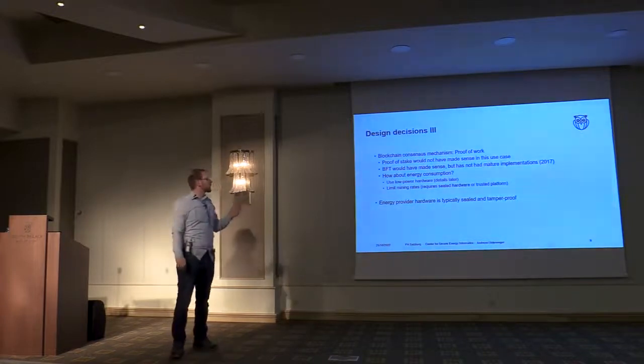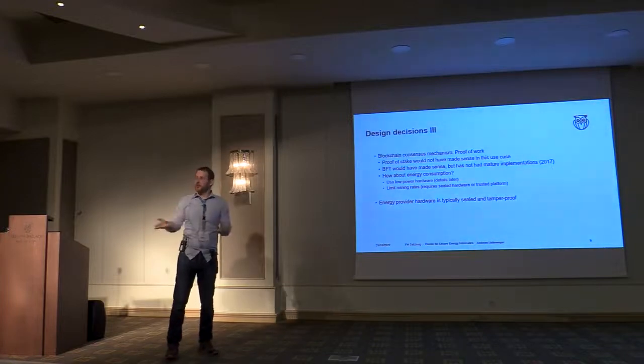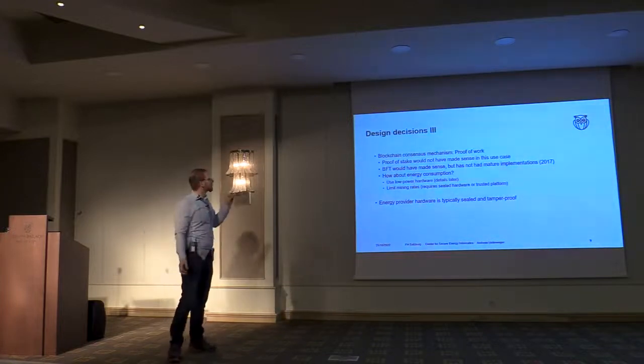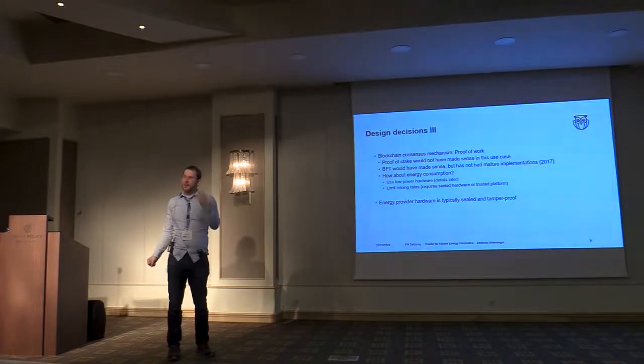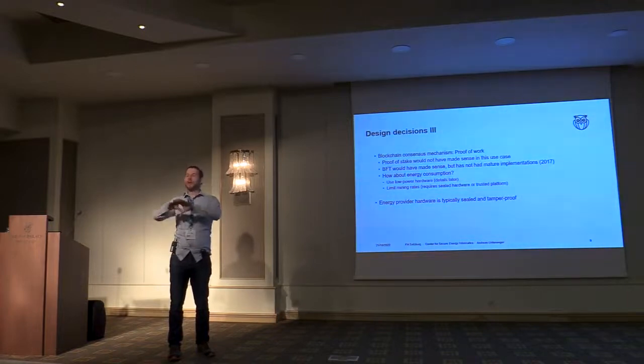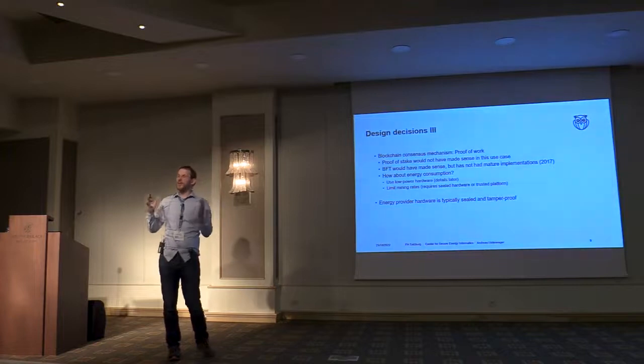So apart from the obvious things like proof of stake, which would make no sense whatsoever in that case, we saw that, for example, Byzantine fault tolerance protocols were already maturing, but they were not yet at the point where you could just take one of the implementations and use it in a real-world scenario, because this stuff should work well enough that the energy providers could do a full implementation based on that.